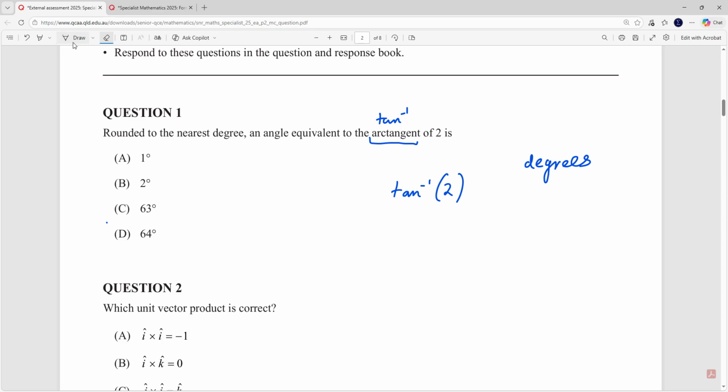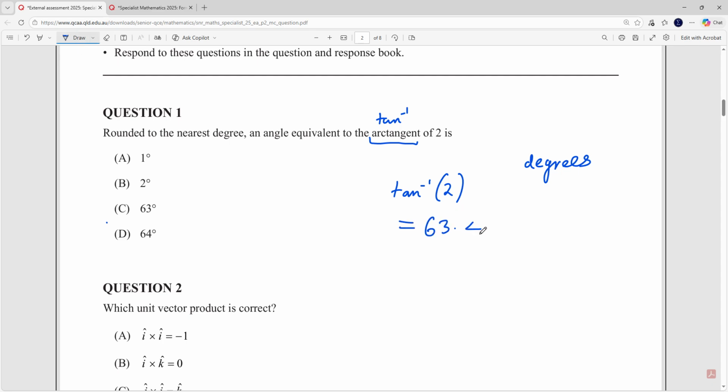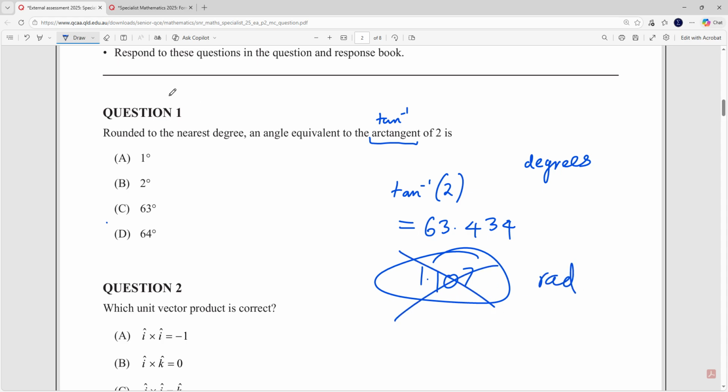So when you put this in your calculator when it's in degrees, it gives you about 63.434. If you do it when you're in radians, though, I'll show you what it gives you. I'll just chuck it in. It gives you 1.10. So here, a lot of people will be like, okay, it could be A or B pretty much. No, that's if you're in radians. You have to be in degrees for this.